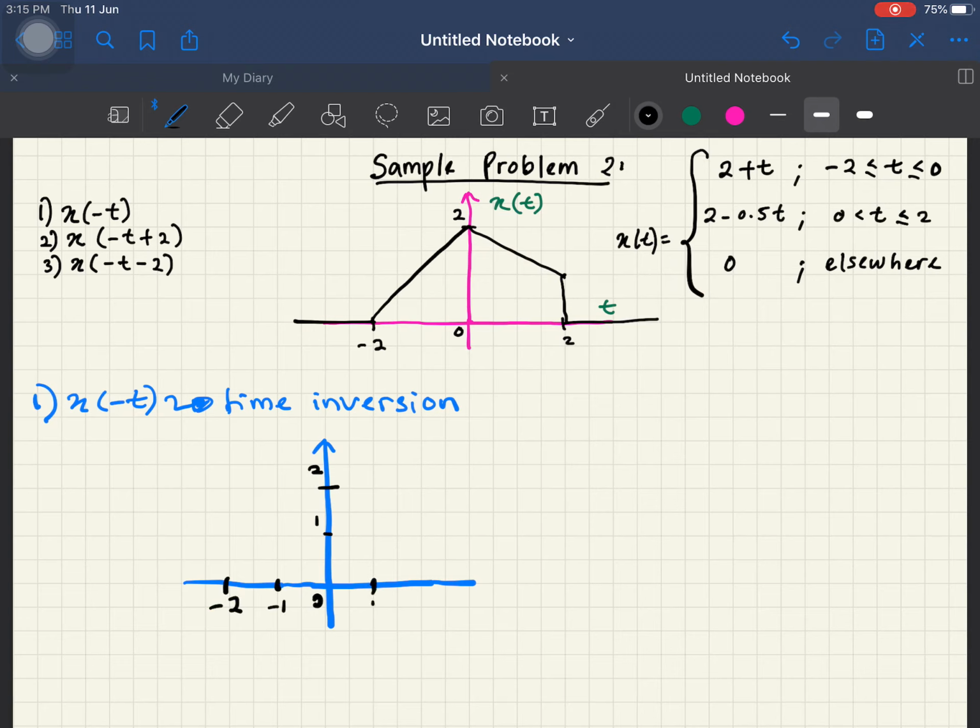Here is -1, here is -2, 1 and 2. It will look like this, going up to 2 at 0 and down all the way at +2. So you get the mirror image.